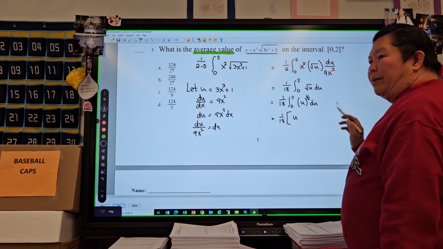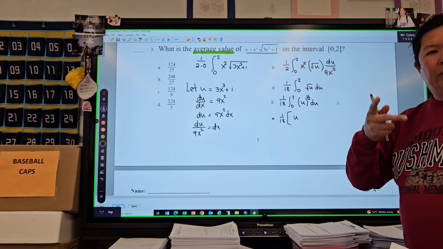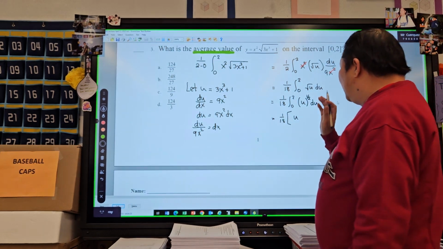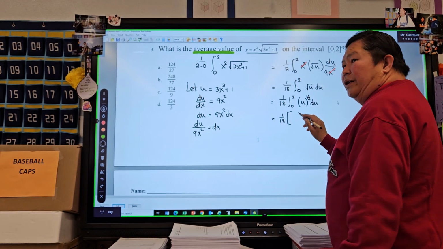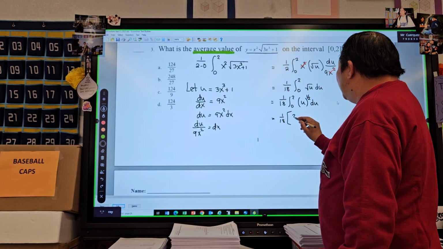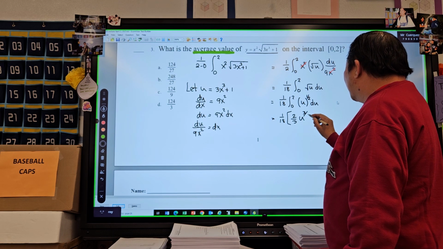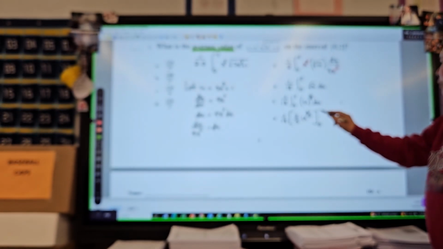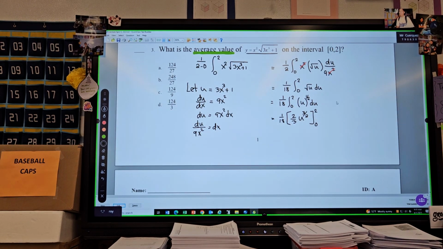Okay, 3 halves over 3 halves, right? But what do we do with the bottom 3 halves? We can take the reciprocal, or flip. So can I erase this one first? So instead of writing 3 over 2, we can have 2/3 of u to the 3 halves, and then plug in now the limits, evaluated from 0 to 2. Okay. Can you continue by yourself?